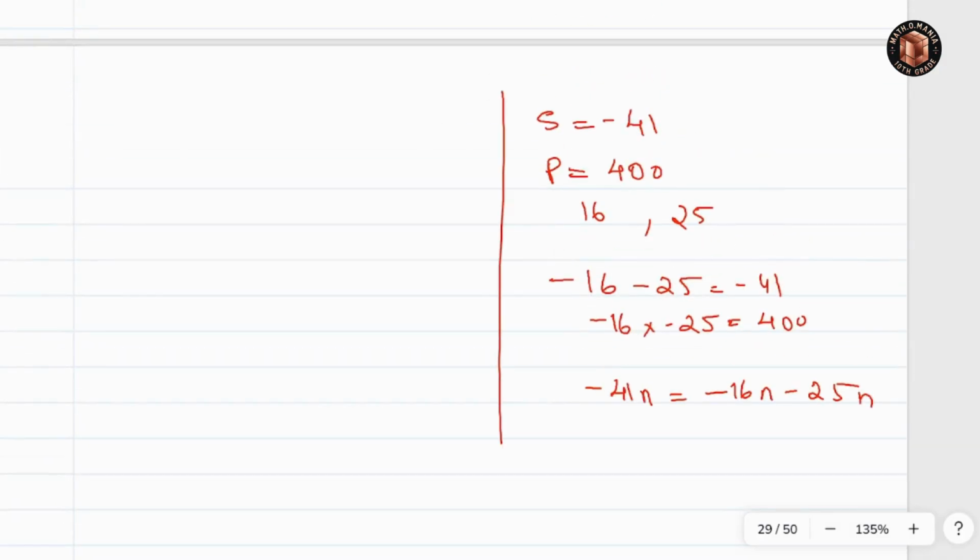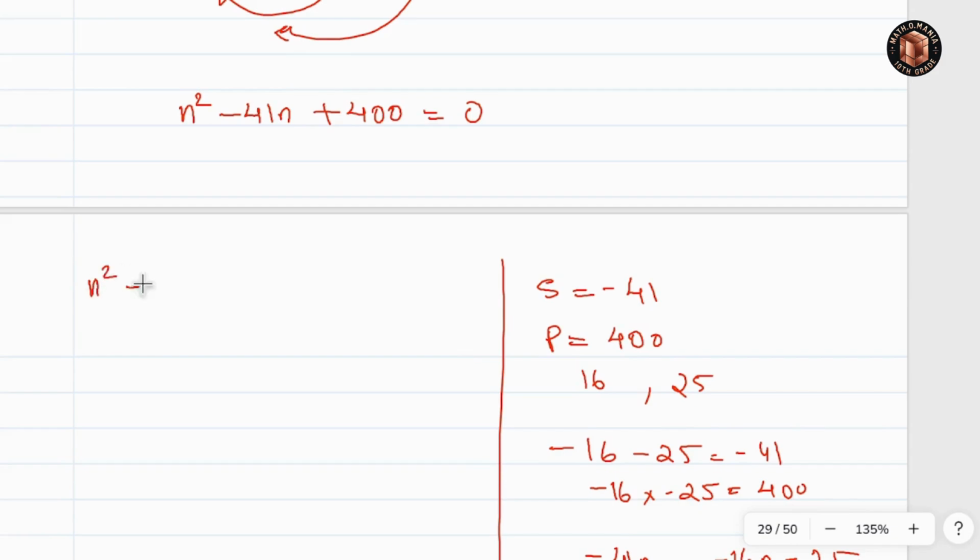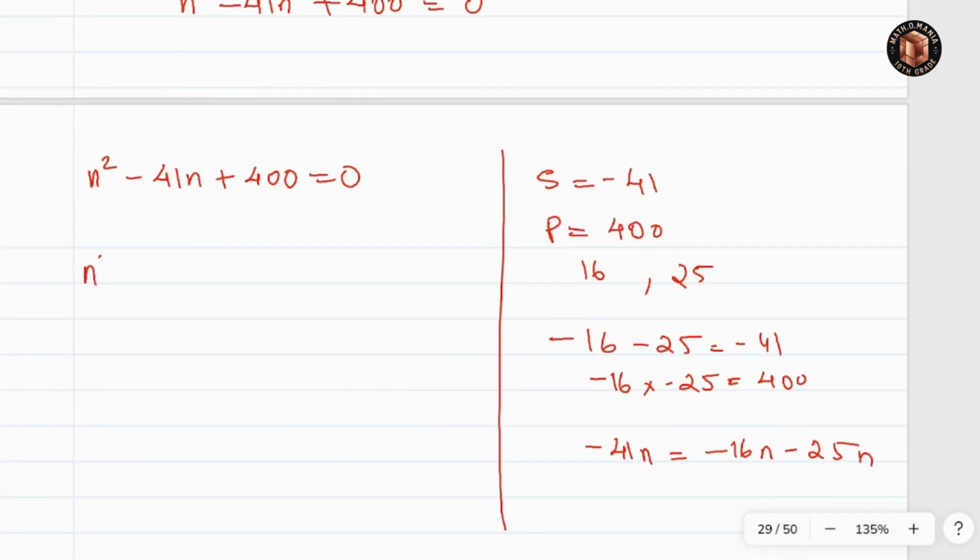Now let's write the equation here: n square minus 41n plus 400 equal to 0. Using splitting of the middle term, our middle term can be split into n square minus 16n minus 25n plus 400 equal to 0.